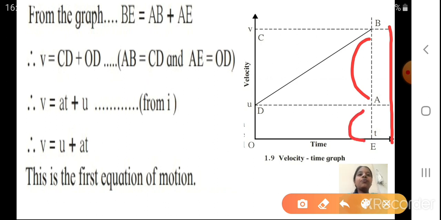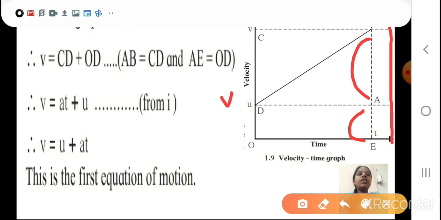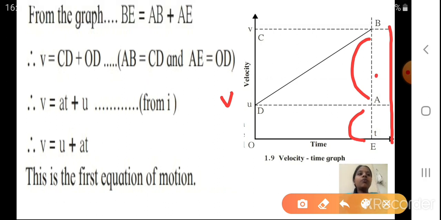Now BE means what? Here OC was V, so here BE will be V. So we have written V is equal to, instead of BA, can I write CD? Yes, because it is the same.